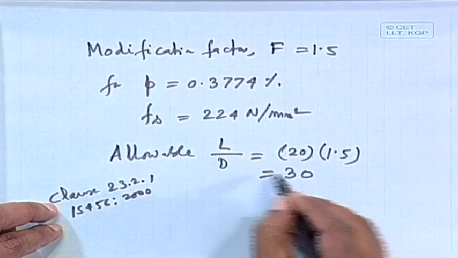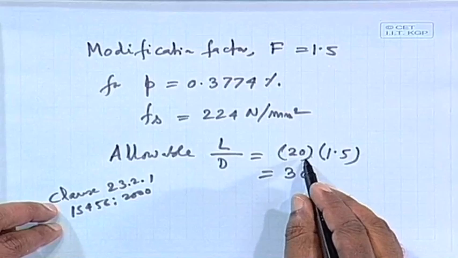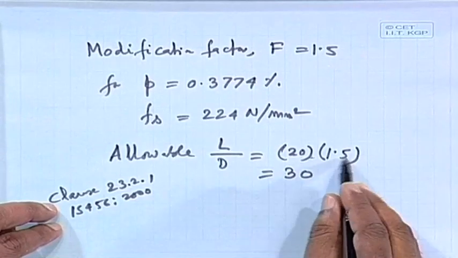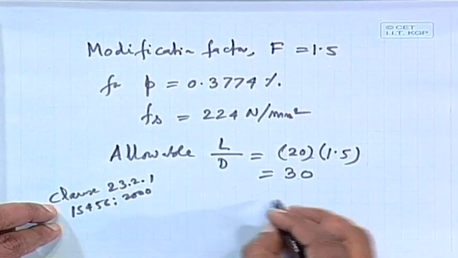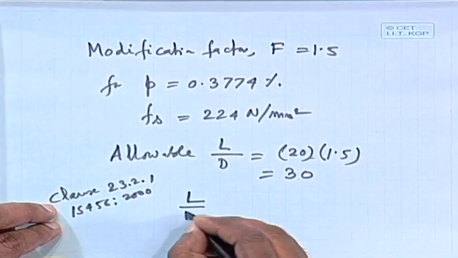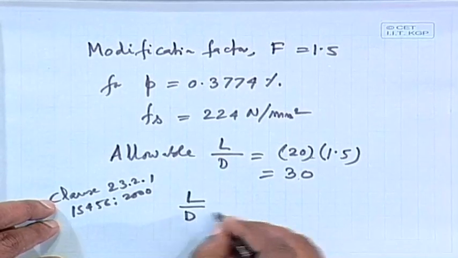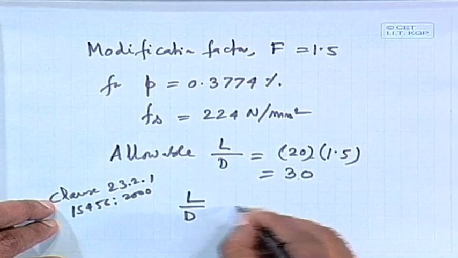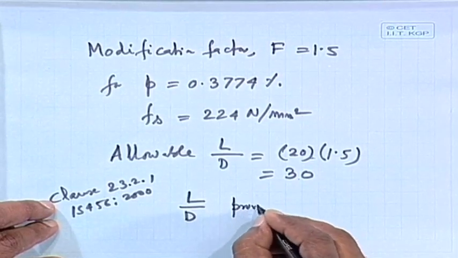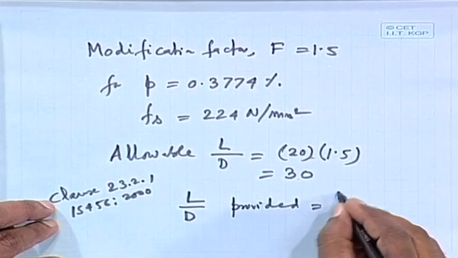So, what is the allowable one? We are getting L by D, this particular 20 by 1.5, 30, and L by D provided. There are two values we are getting.